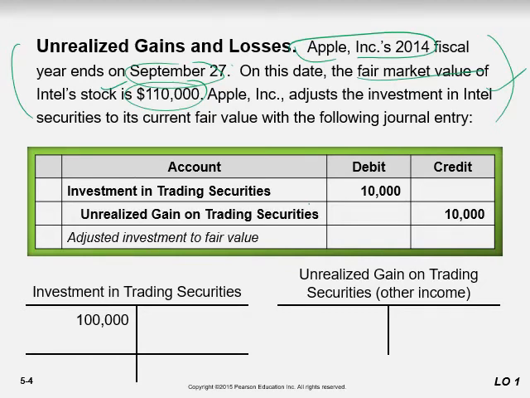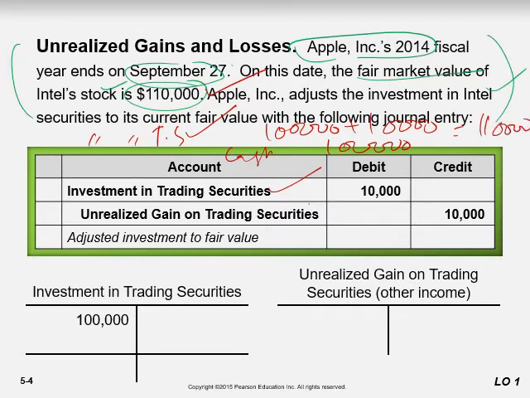So the question arises, why are we not entering 110,000? Why only 10,000? Because when we purchased that one, the entry was investment in trading securities to cash, 100,000, right? So this is debit, this is also debit, and this totals on the balance sheet, because this is an asset.